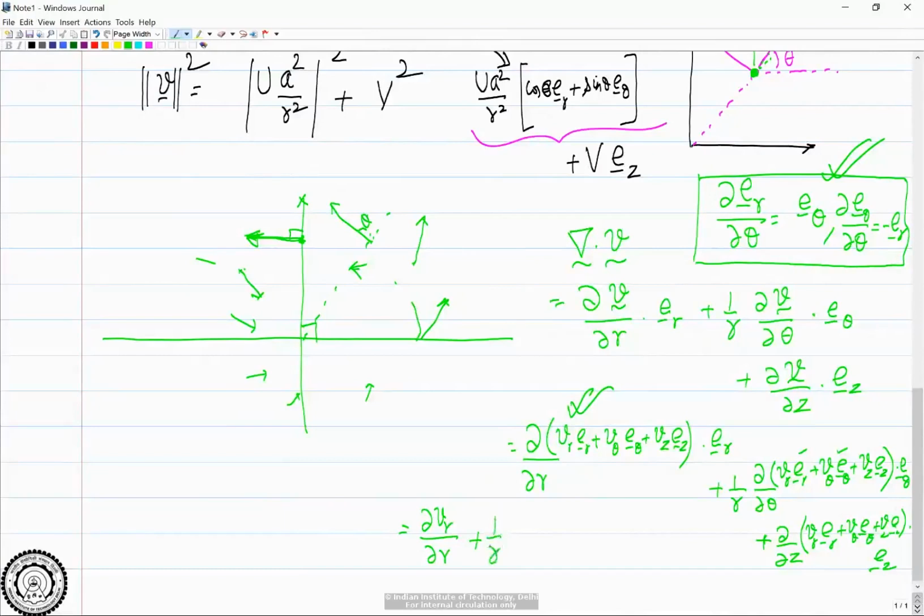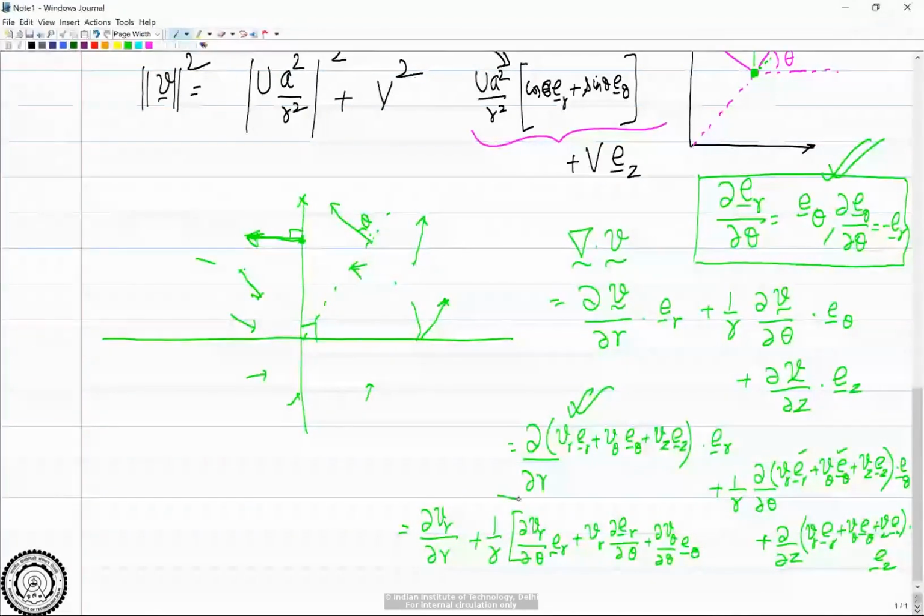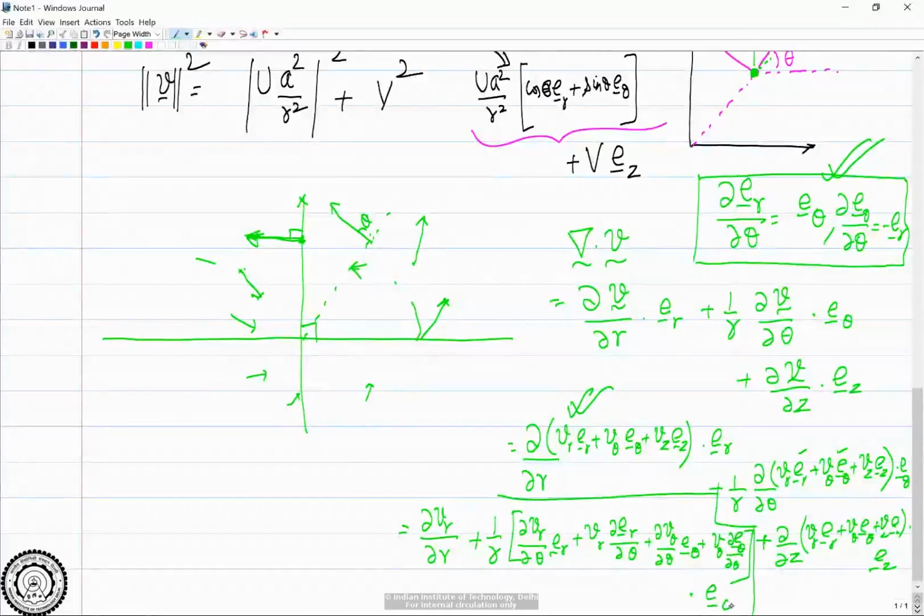So what you will have here is 1 by r, del vr by del theta into er, plus vr del er by del theta, plus del v theta by del theta e theta, plus v theta del e theta by del theta, and then it has to be dotted with e theta.